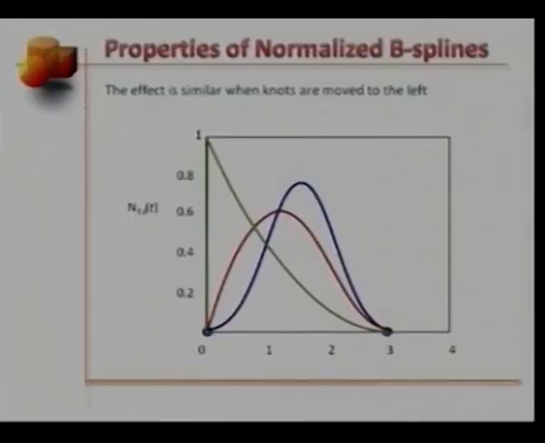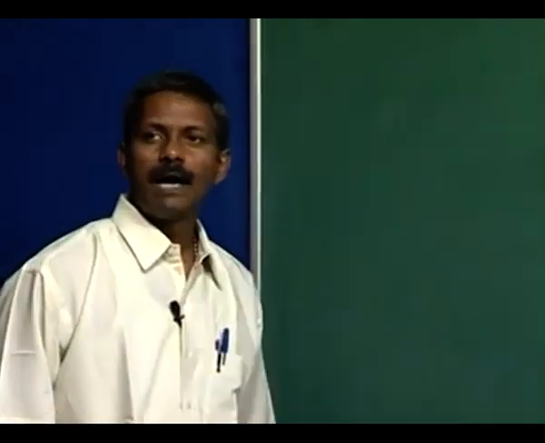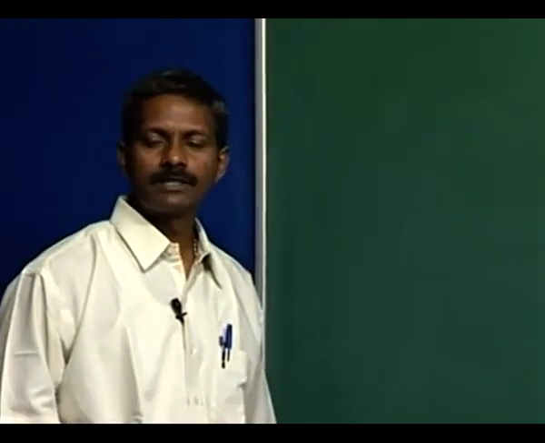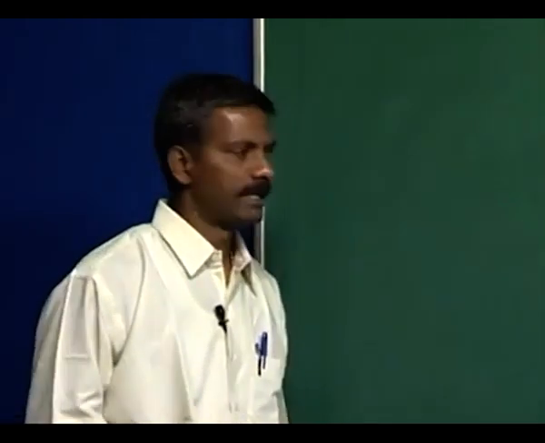Now let's come back and try to understand why we lose continuity conditions one by one at multiple knots. I'll use the board to discuss this. I would like you to recall our discussion on polynomial splines.